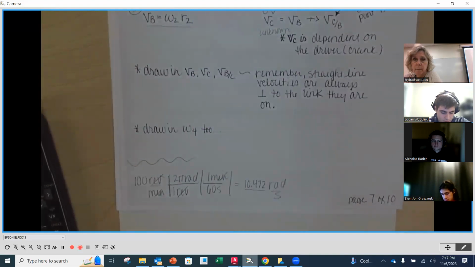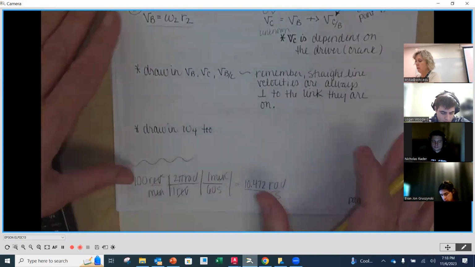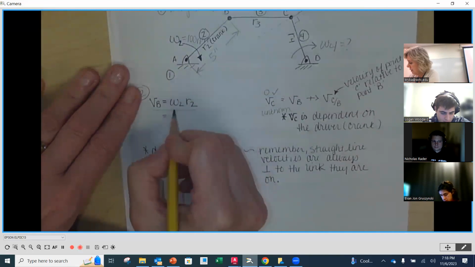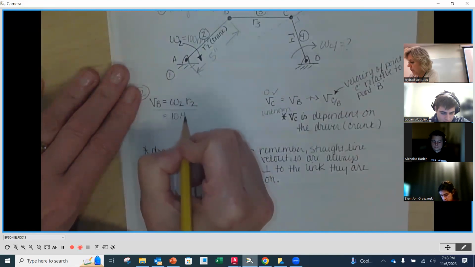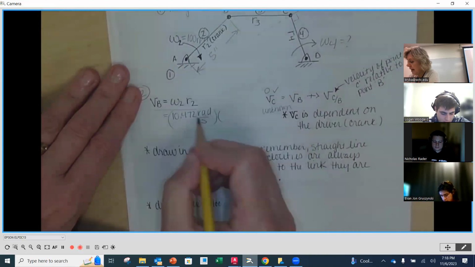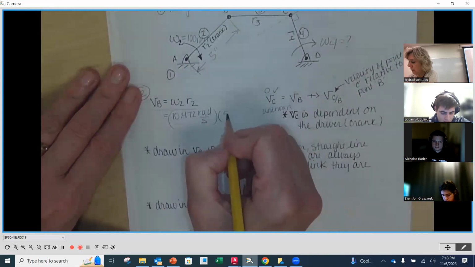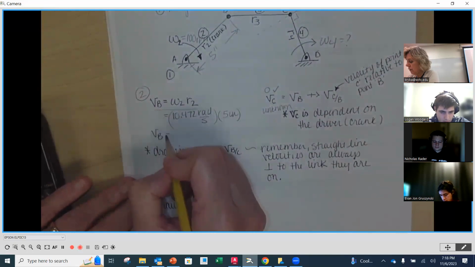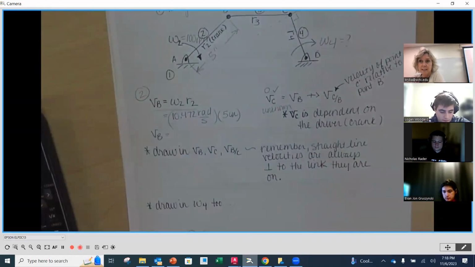Yeah, that looks good. Okay, that's the number now that I'm going to put up in my equation. So if I go up here and I say, okay, VB is equal to 10.472 radians per second times the radius of 5 inches. Okay. I now know the magnitude of velocity B.